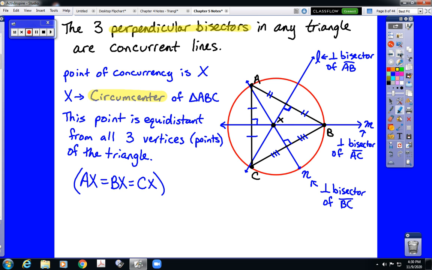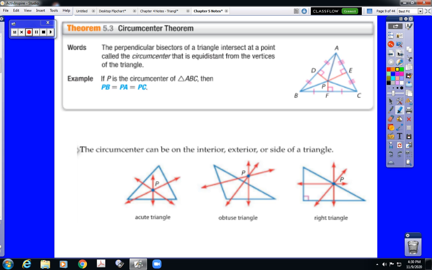Now, some interesting facts about that. One, there is a theorem. The circumcenter theorem says that the perpendicular bisectors of a triangle intersect at a single point called the circumcenter that is equidistant from the vertices of the triangle. So in this picture, you'll notice DP, EP, and FP, which are the red segments are indicating the perpendicular bisectors.